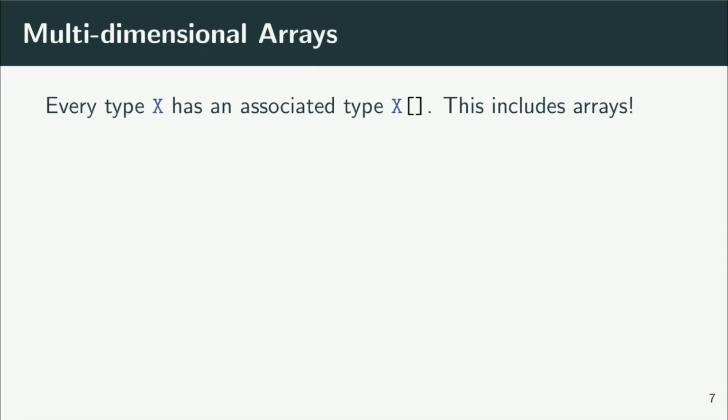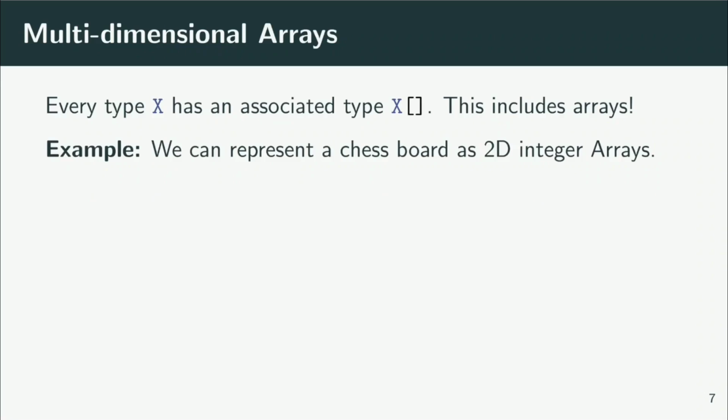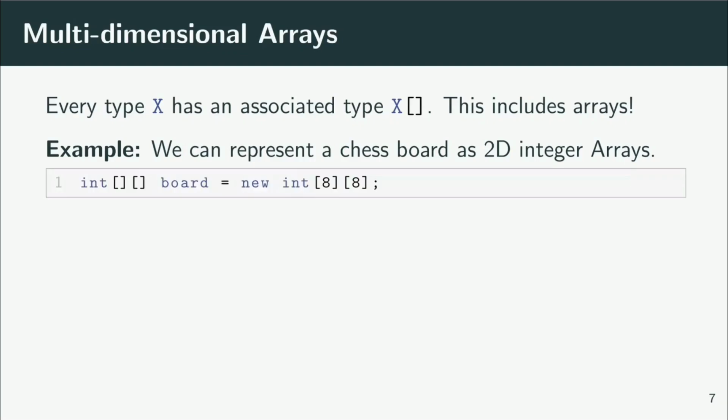Finally, let me mention that it's quite easy to define multidimensional arrays. Remember that every type has an associated array type, and this includes array types themselves. For example, you may want to represent a chessboard as an 8x8 two-dimensional integer array, and you can do this like this here. On the left-hand side, I declare an array called board to be of type array of integer array.